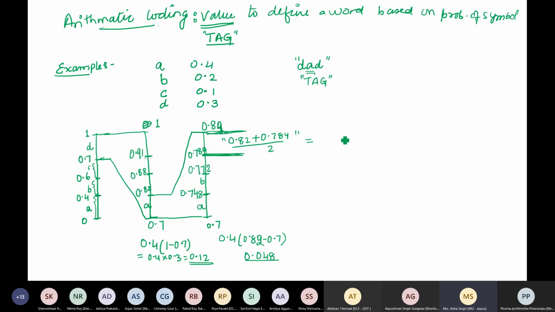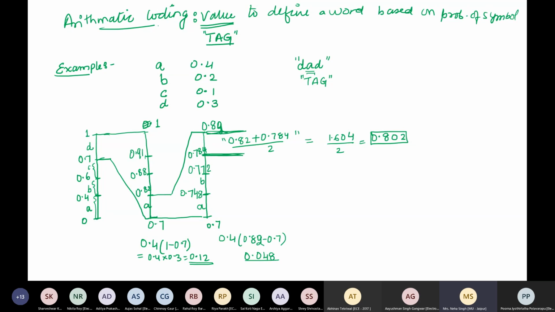How much will this come to? 0.802. So I should be sending out 0.802, only this value, so as to represent that I have transmitted that.